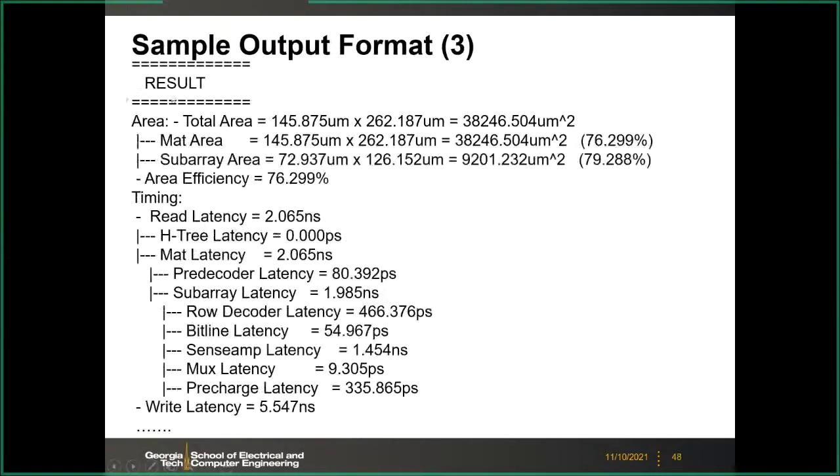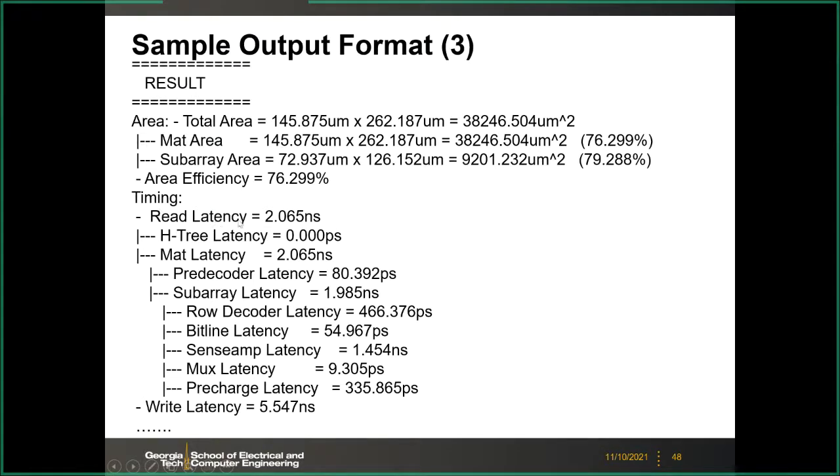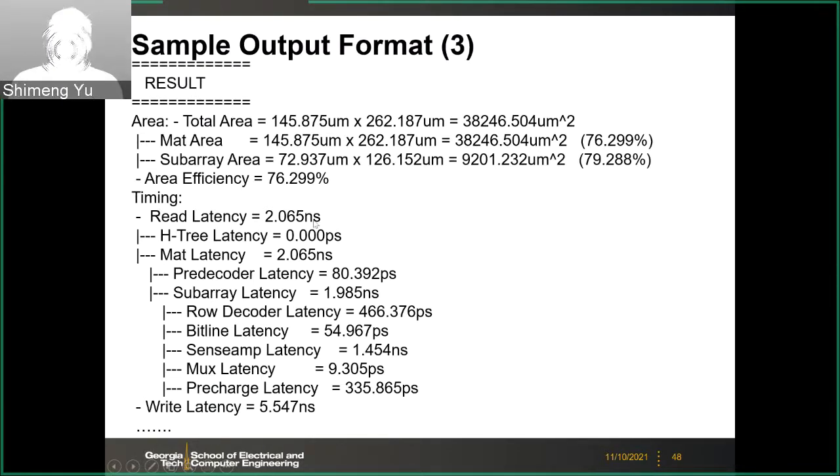And then this is a real result. So it will report the total area, and then it will have a breakdown of the area at the mat level, subarray level, and it will calculate the array efficiency, the memory cell area divided by the total chip area, as we discussed before. And then the timing, like read latency in total, in this case, around 2 nanoseconds, and it will break down into the critical path.